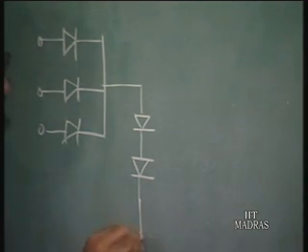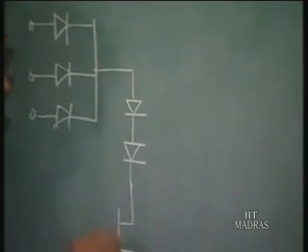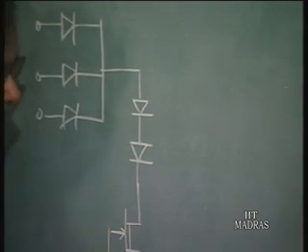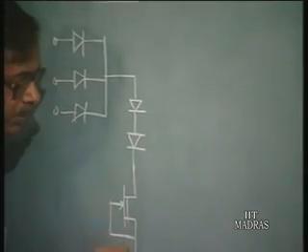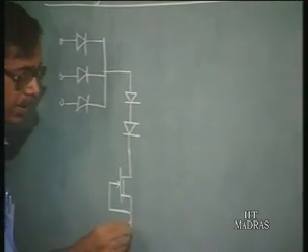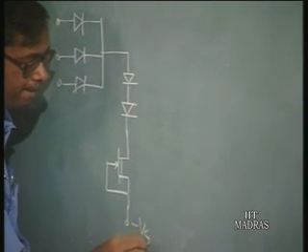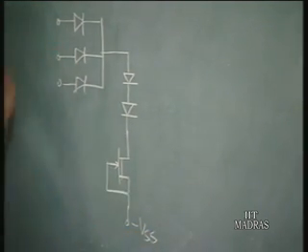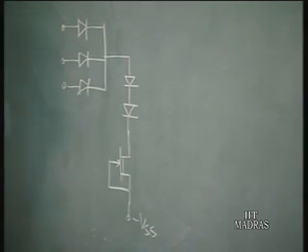This is followed by a depletion mode device with the gate to source shorted. So, this is minus VSS, the power supply voltage.